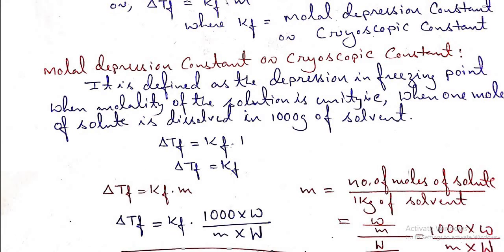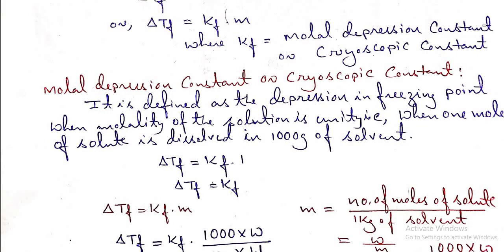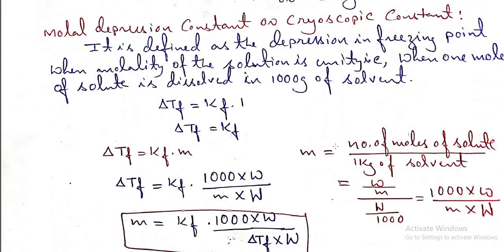For example, from that expression, if you replace the value of molality m as 1, it will become delta Tf equals Kf. That means the molal depression constant or cryoscopic constant is equal to the depression in freezing point when molality of the solution is unity, that is when 1 mole of solute is dissolved in 1000 gram of solvent.